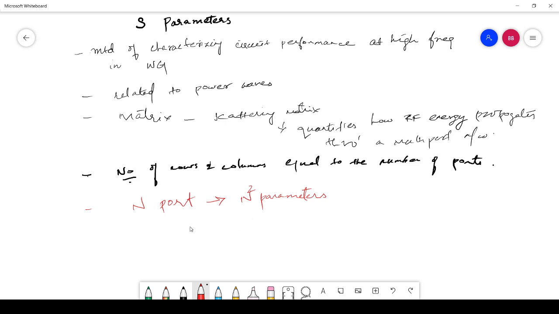For an RF signal incident on one port, some fraction of the signal will get reflected. So if I say Sij, this is my parameter.